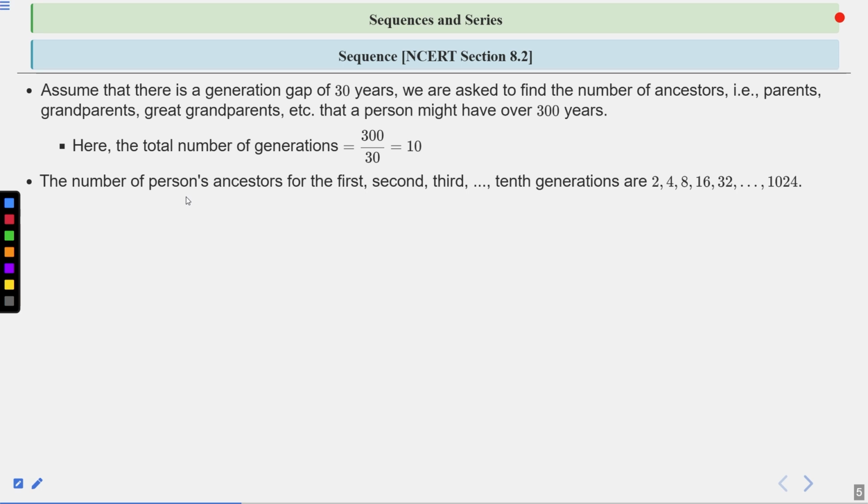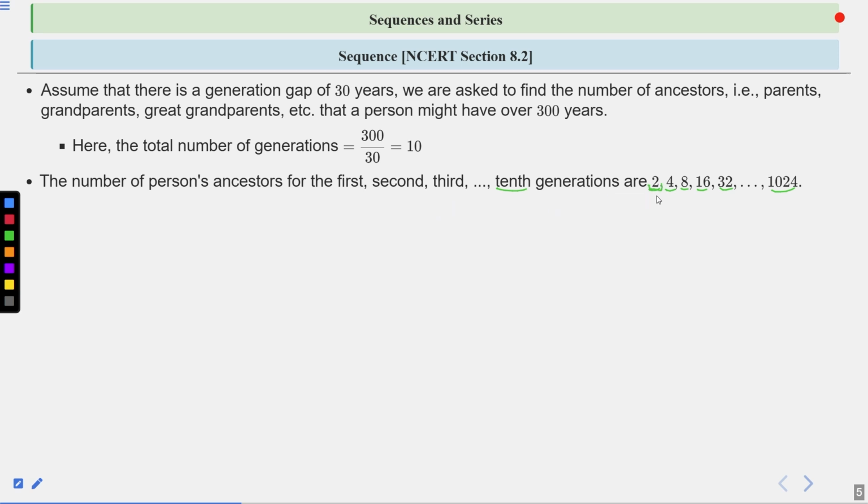The number of ancestors for the first, second and third till the 10th generation are simply, for the first 2, 4, 8, 16, 32, till 1024 for the 10th generation. Simple.